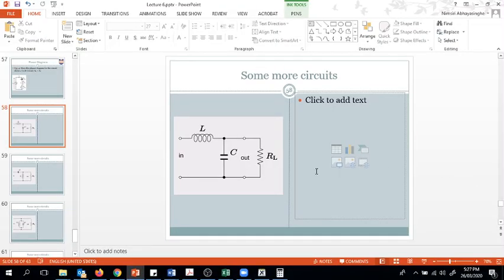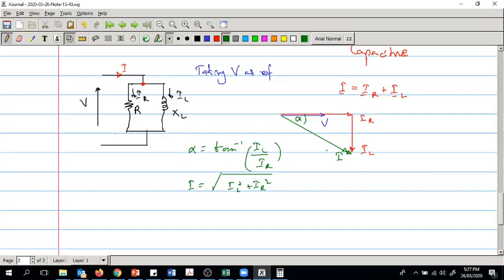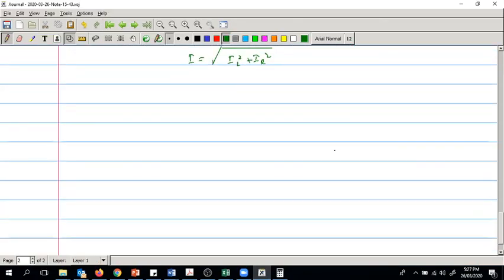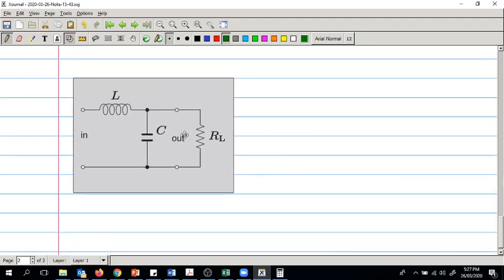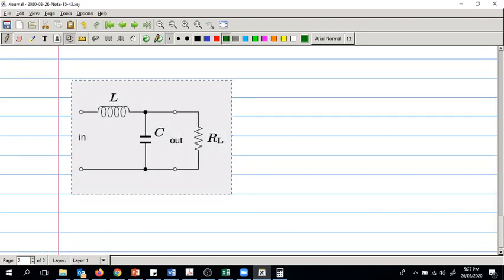Let's take this example, a combination, that is series parallel combination there, right? Let's take that as well. First of all, we will label the parameters.